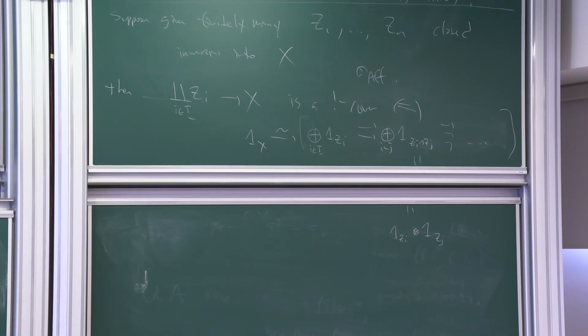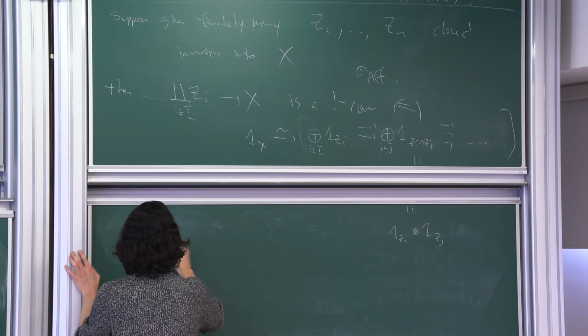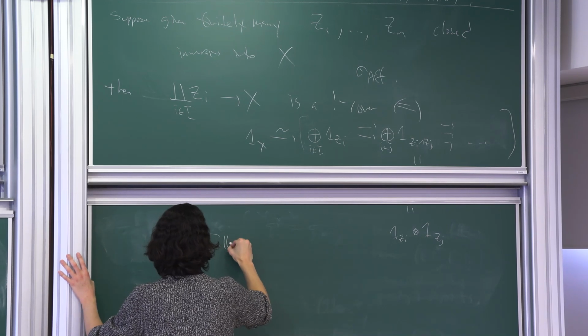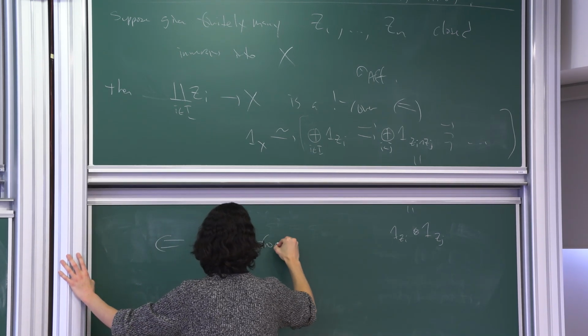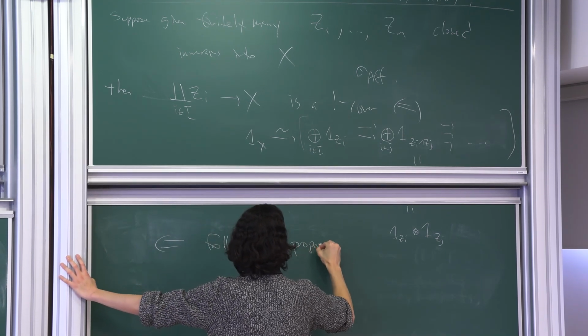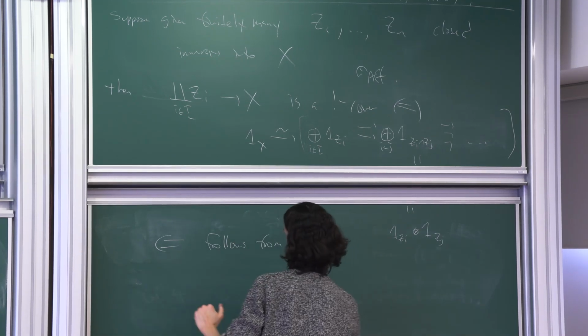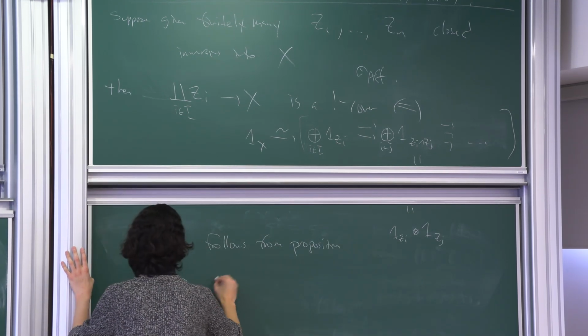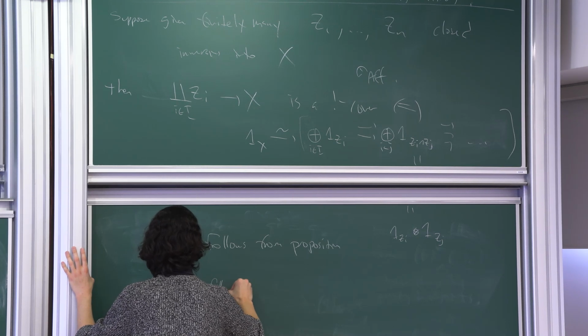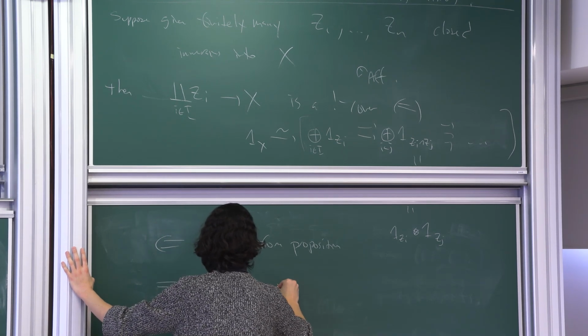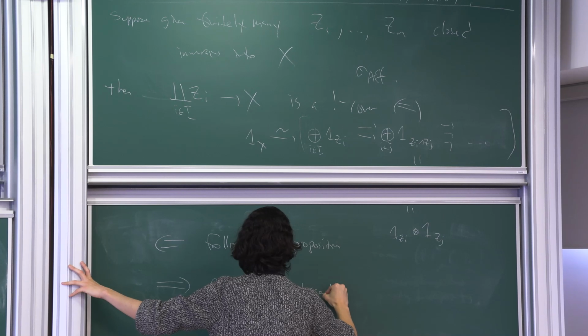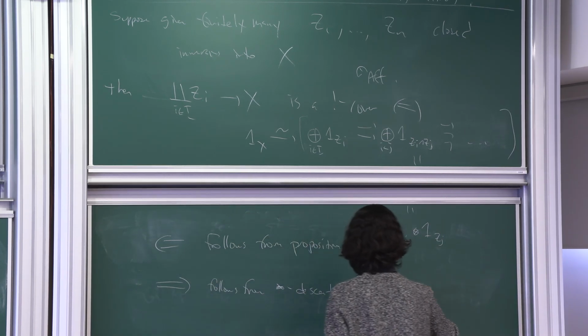So this follows from the proposition, and this follows from star descent, which is implied by Schritt descent.